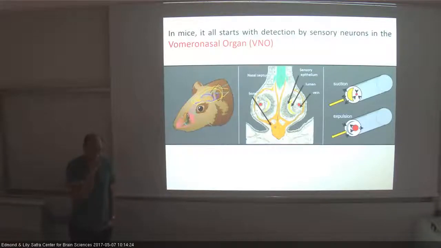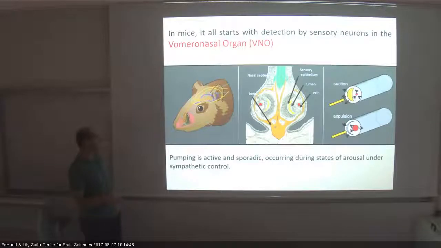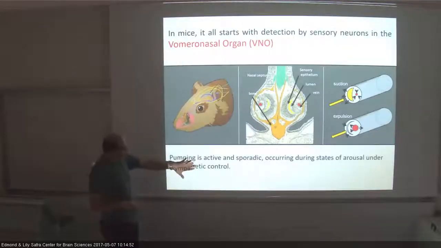So when an animal is in a specific behavioral state, in the case of mice and other rodents, it can be social arousal, or maybe actually some fearful thing in the environment, this will lead to activation of the pumping and to uptake of stimuli to the vomeronasal organ, also called VNO, and I will use this term. This occurs, as far as we know, under control of the sympathetic nervous system.